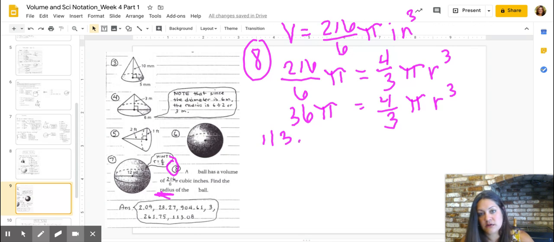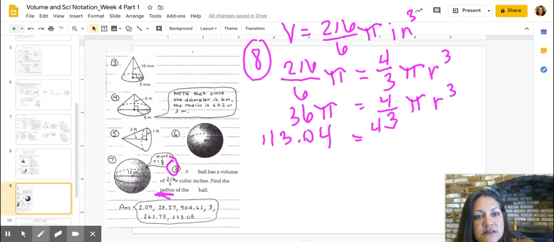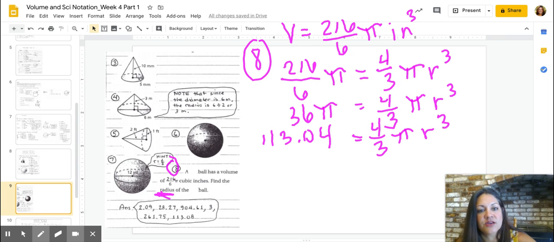Let's see here. Oh, 4 equals 4/3 pi r cubed.